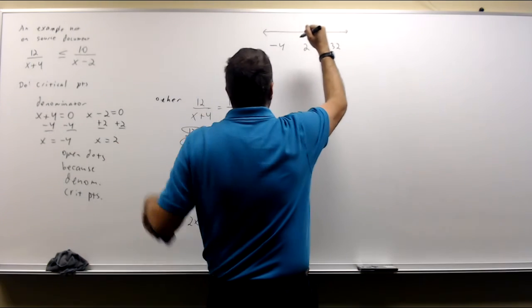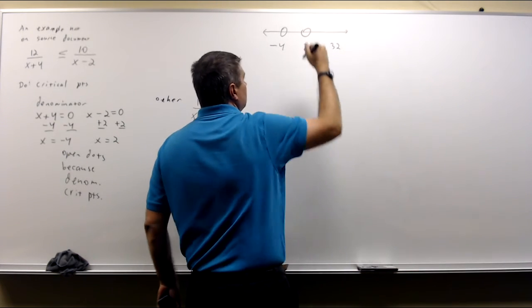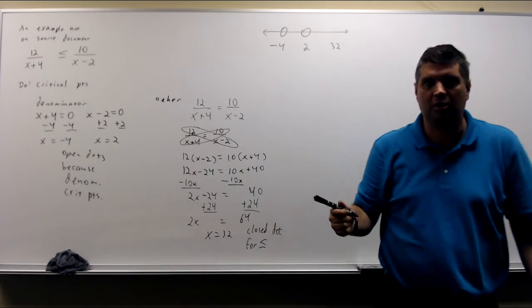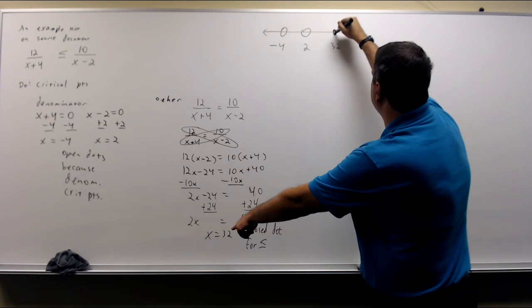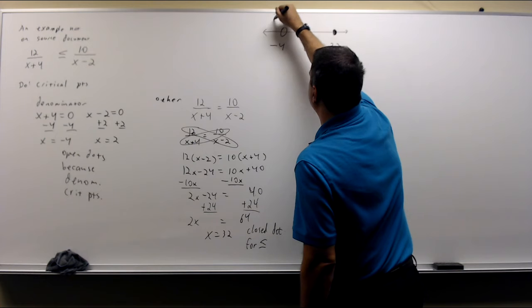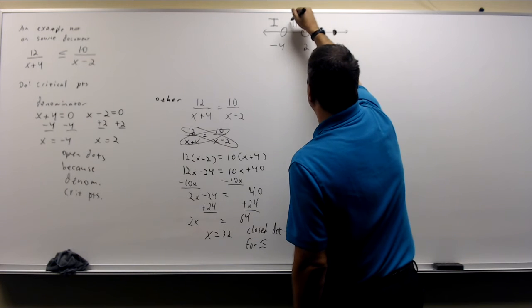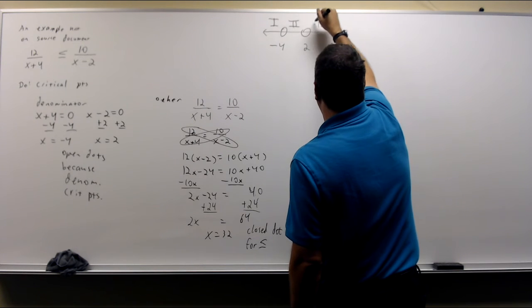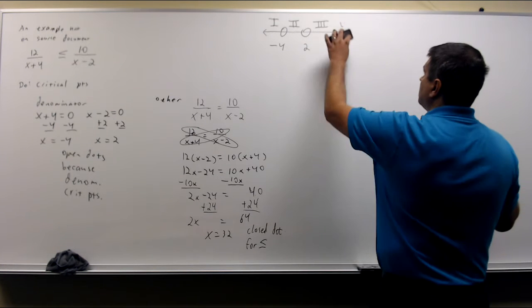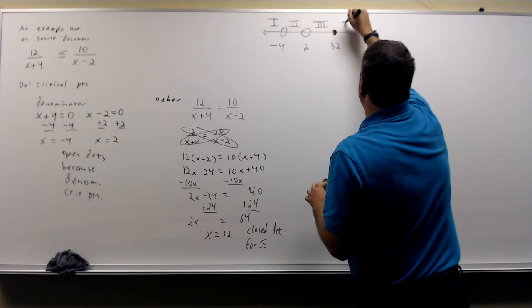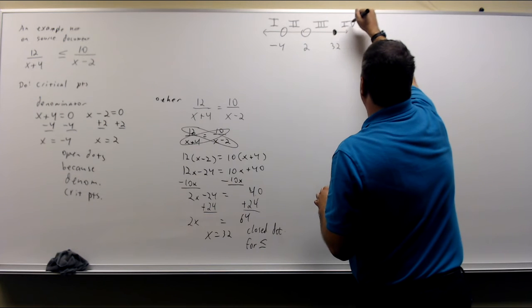Those two were open dots, and 32 is a closed dot. This doesn't have to be to scale. So I have region 1, region 2, region 3, and region 4.